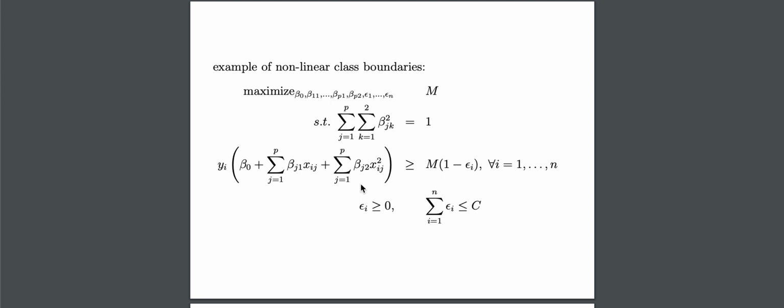Effectively, the decision boundary in the enlarged feature space is linear, right? But since we are looking at it from the perspective of the original features, which are the x_ij's, it will look nonlinear, okay?